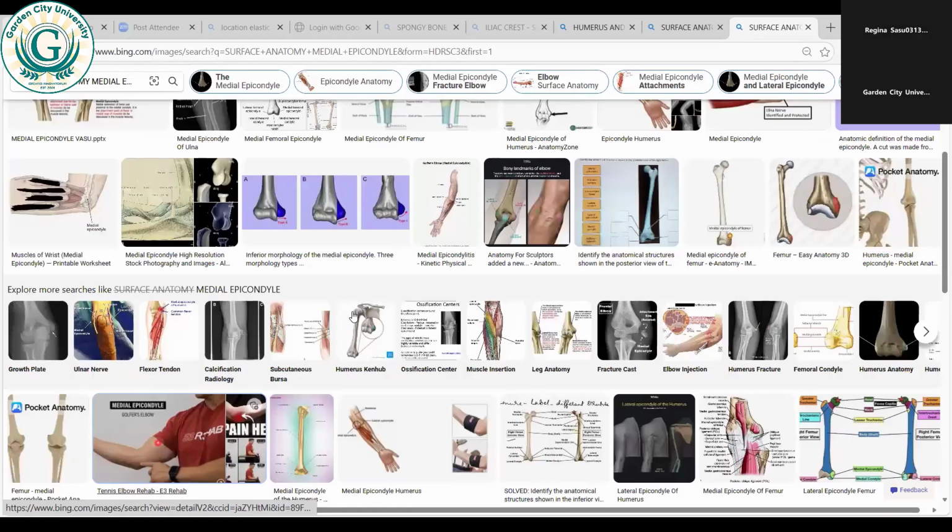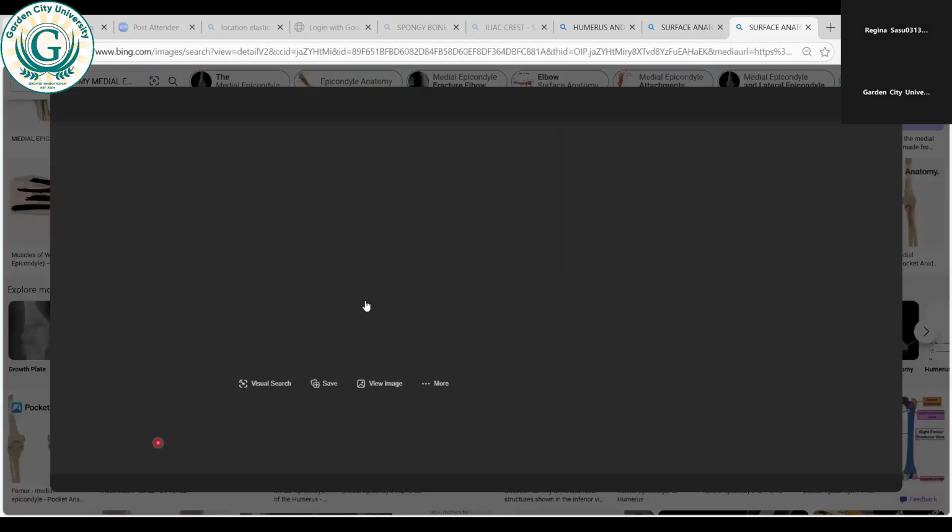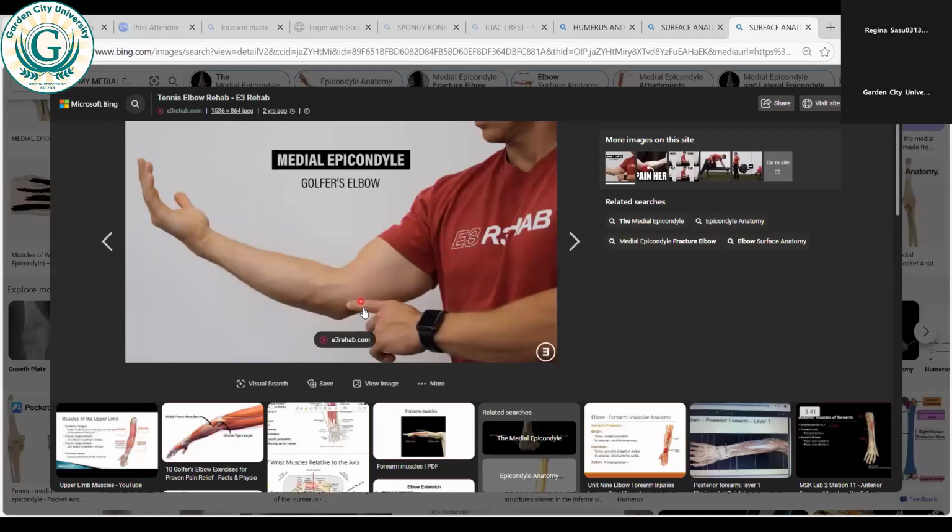So that is the medial epicondyle. So we are saying that just behind the medial epicondyle, there is an ulnar nerve. So when you bump this part, the medial epicondyle, it pinches on the ulnar nerve and gives some kind of a funny sensation. And that is why they nickname the humerus the funny bone.